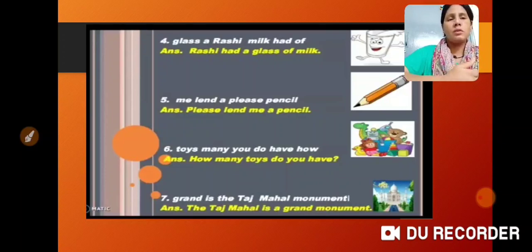And now the sentence will be: the Taj Mahal is a grand monument. Now this is a complete sentence, so this sentence begins with a capital letter, so we will write down T in capital form, and as this sentence is telling us something, we will end this sentence with a full stop.